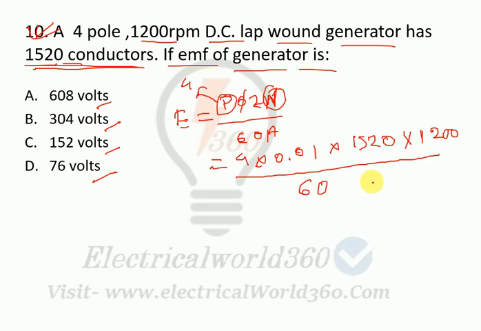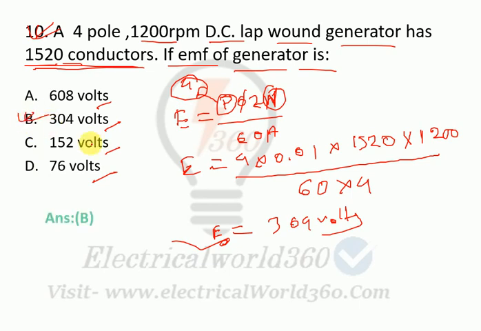For lap winding, A equals the number of poles, that means 4. By solving it, we get E equal to 304 volts. So option B is the right answer.